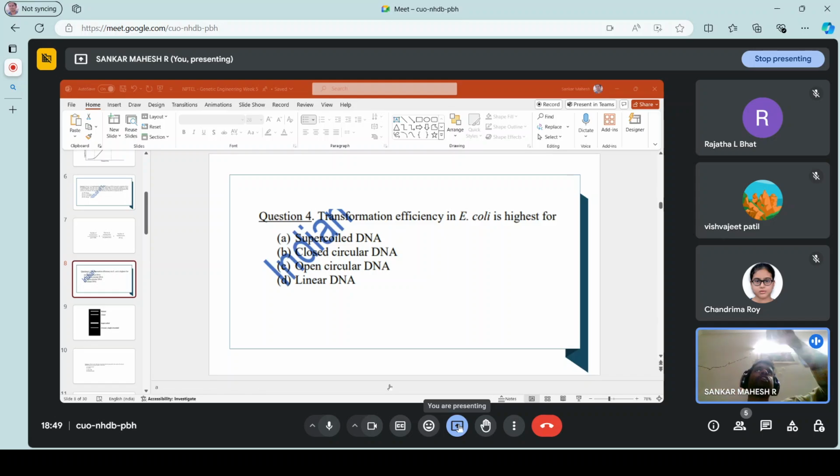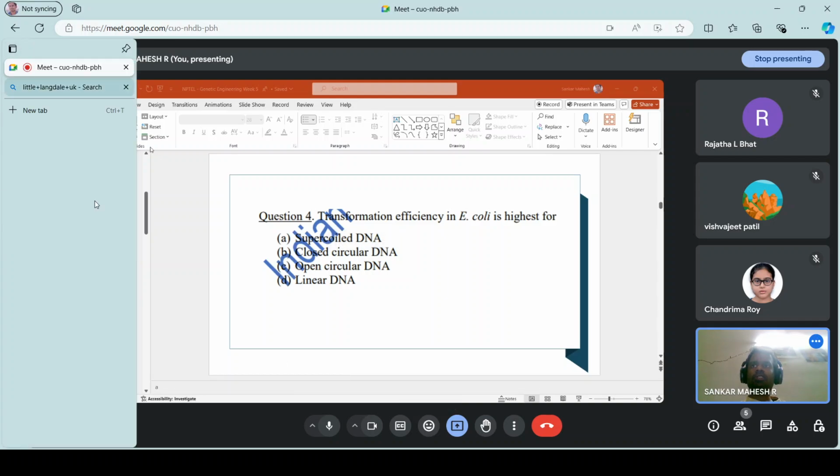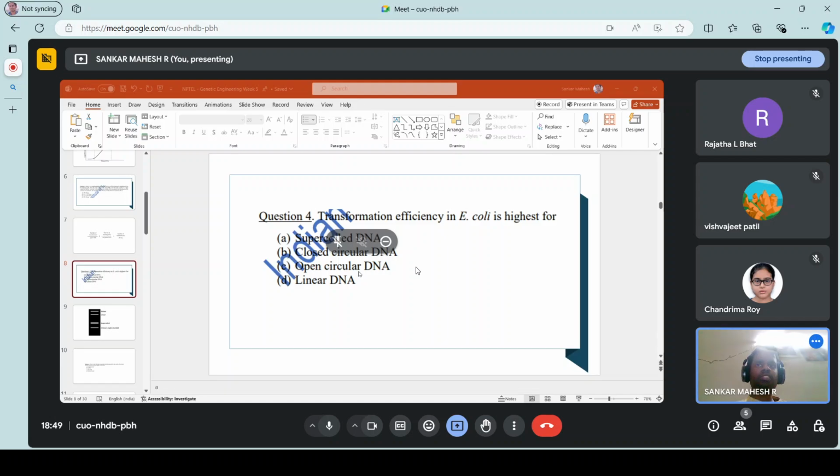Using an endonuclease, you cut it such that instead of being circular, it is now open. That's the only thing. So the number of origins of replication is also maintained. There are no differences at the genomic sequence level. Can you understand this, Chandrima? That's what we call the linear DNA in this context.